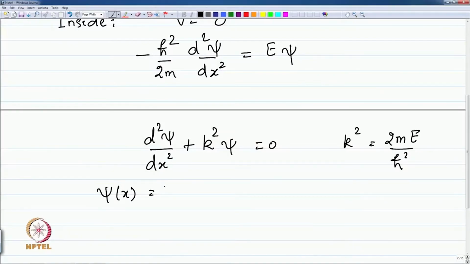Let us use the trigonometric function, namely a cos kx plus b sin kx, where a and b are arbitrary constants.